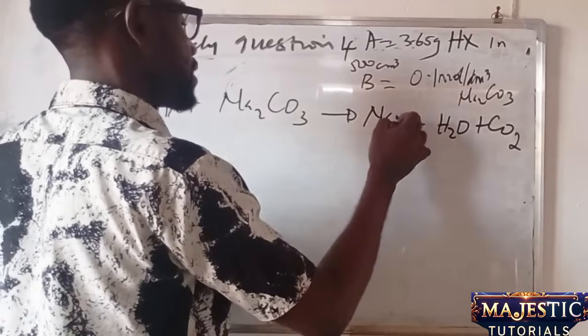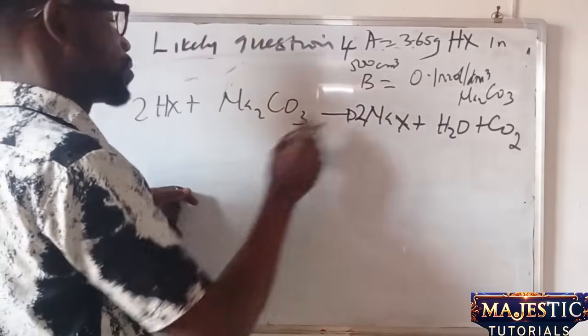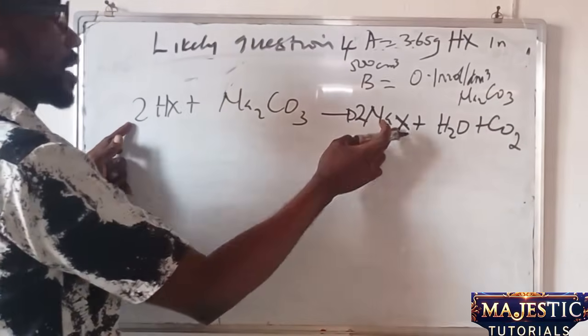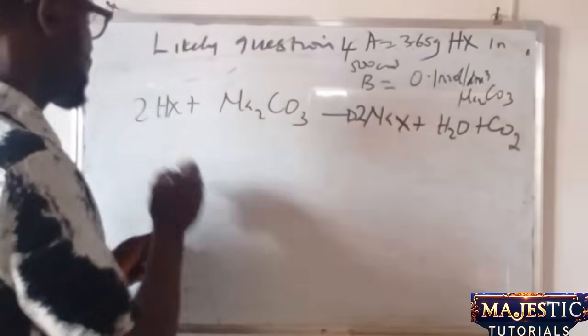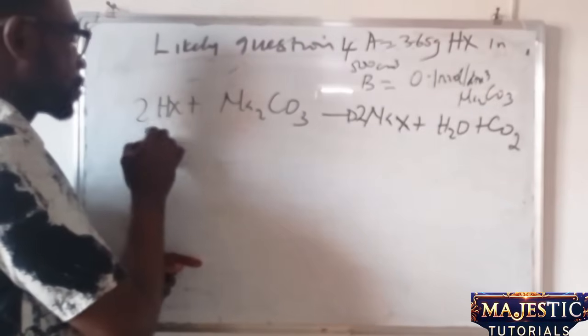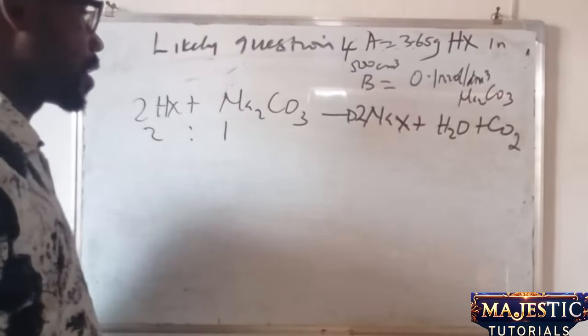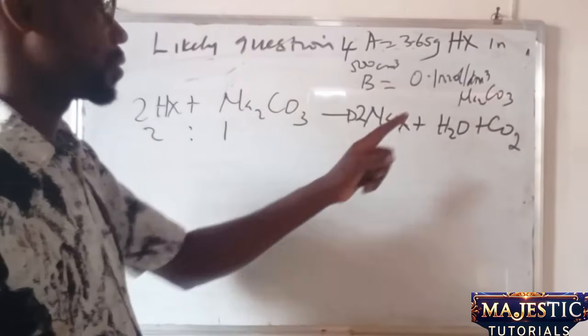But to balance the equation, sodium is 2 here, so we need to put 2 here, and when we put 2 here, X is now 2. So in this case, the difference is that the mole ratio of acid to base becomes 2:1. Alright, so that 2:1 holds.